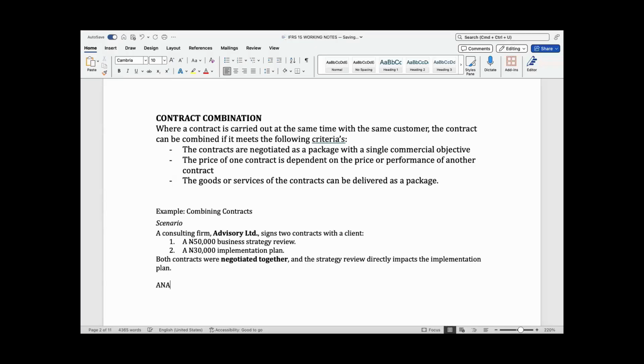So if I were to analyze this, the contracts can be combined because they are negotiated together and they are dependent on one another.